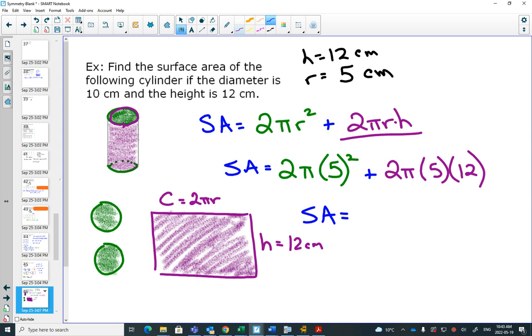Try this right now. See if you can type 2 times pi times 5 squared plus 2, and you can put brackets if you want, times pi times 5 times 12. Please take out your calculator and show me that you were able to get this number. And it's area, so we need to have centimeters squared. So I'm going to walk around, check your calculators.